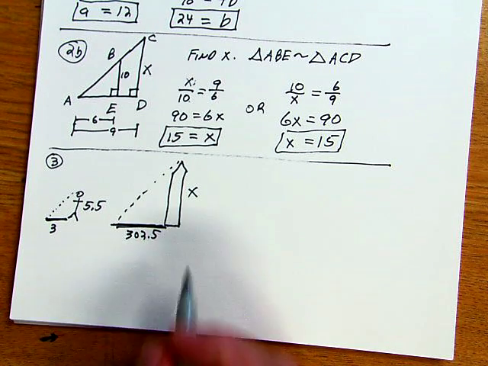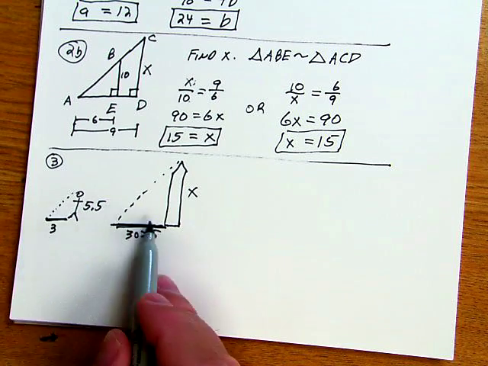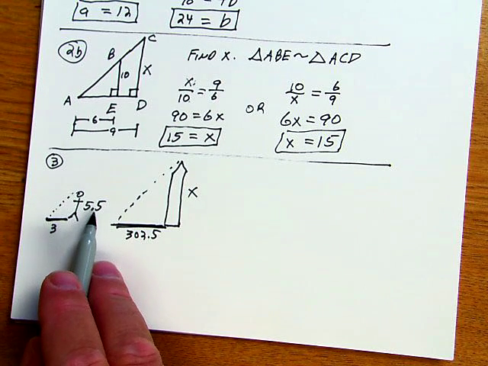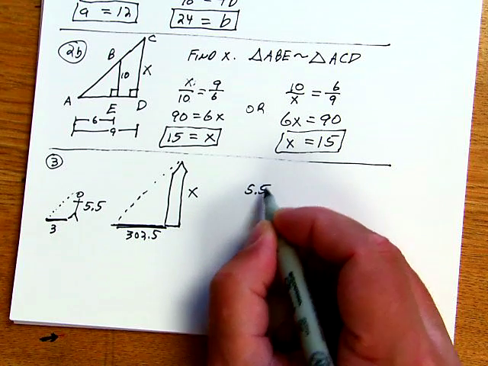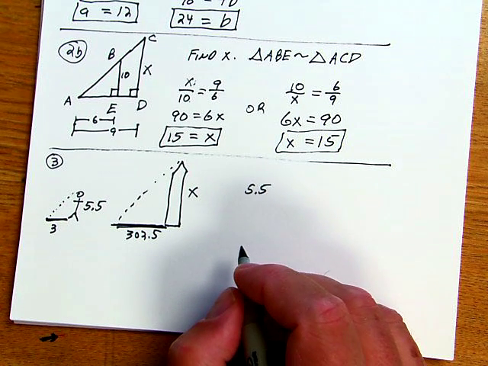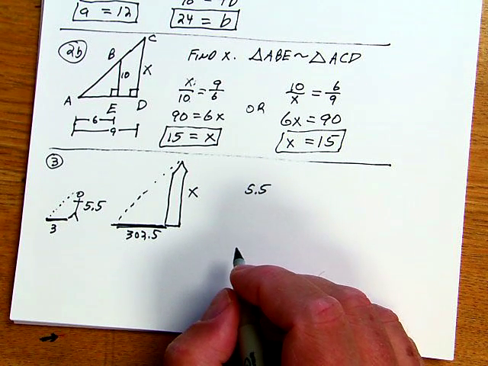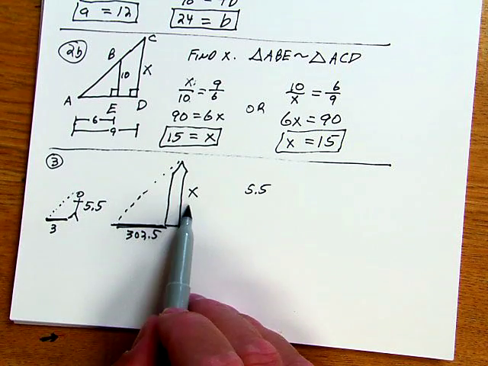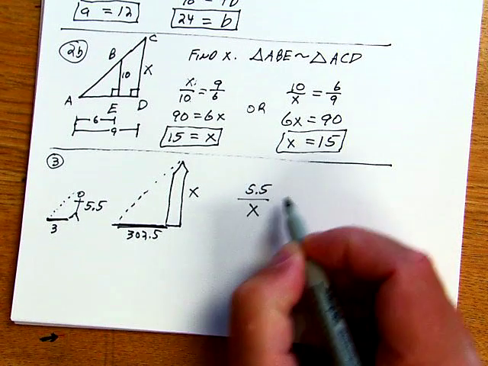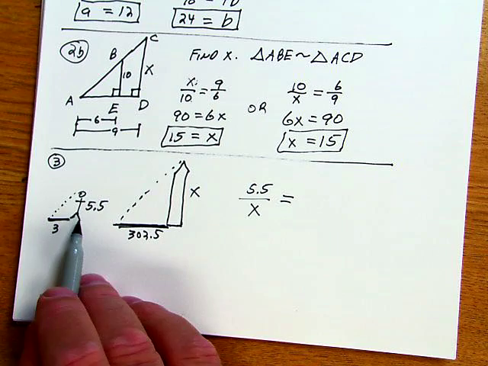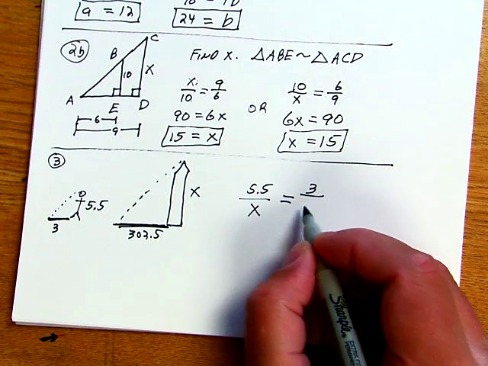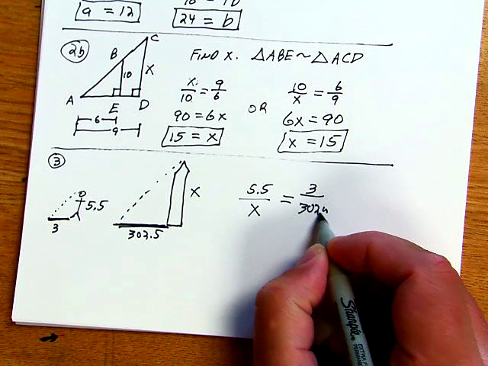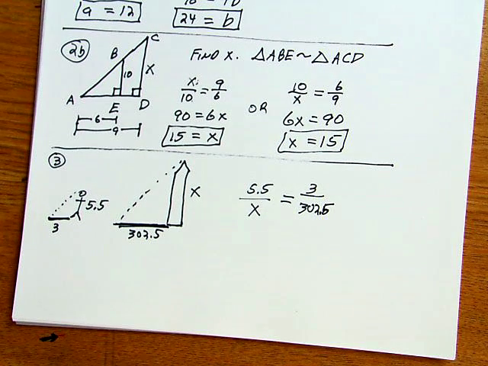Well, we know that because everything's happening at the same time, these are similar triangles. So we can set up our proportion. We know that Janelle, 5.5 feet over her corresponding side is x on the Washington Monument. And here, we'll say 3 is her shadow, and the shadow of the Washington Monument is 302.5. Okay, so now what we'll do is cross multiply.